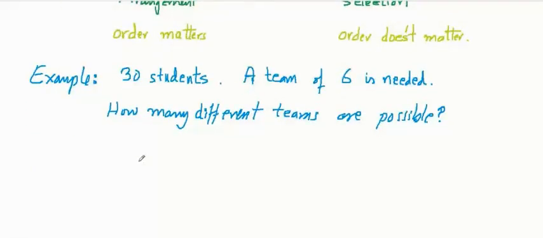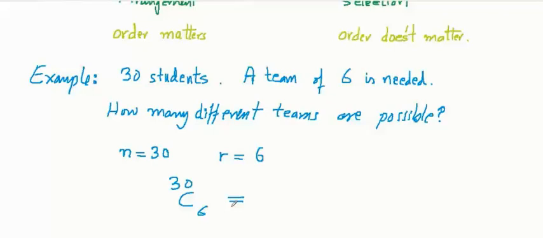After deciding that this is NCR selection, we see what N and R are. N is equal to the available students, 30, and R is how many we need in the team, 6. So it will be 30C6.